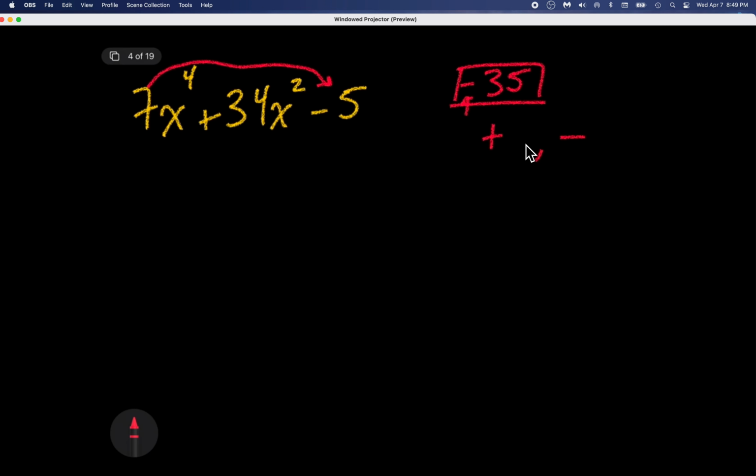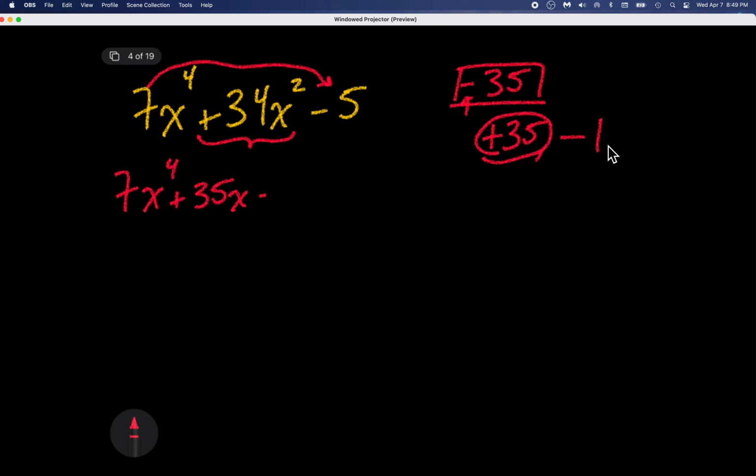We now rewrite this creatively. And when we do, we try to pair the factors with portions of the equation that we know will allow us to factor. In other words, I put the 35 here with the 7.